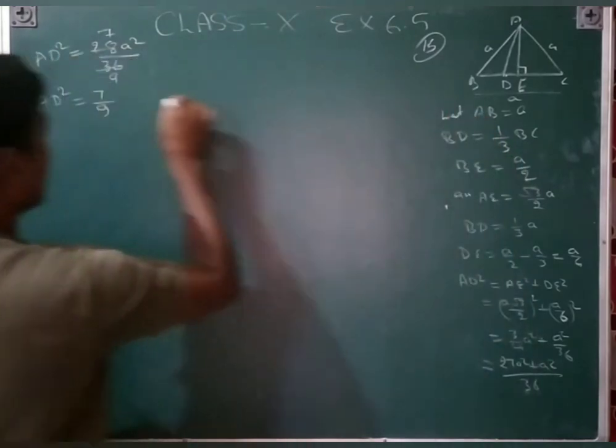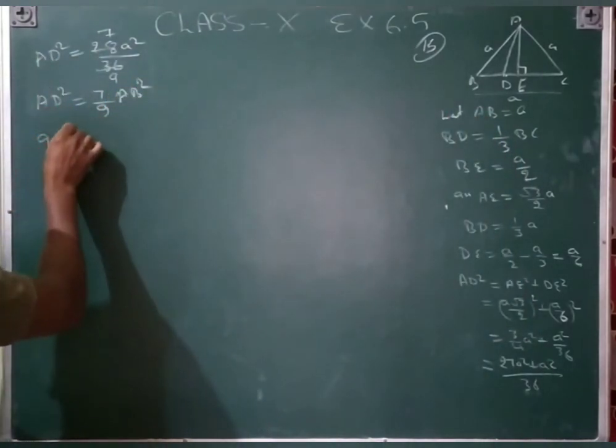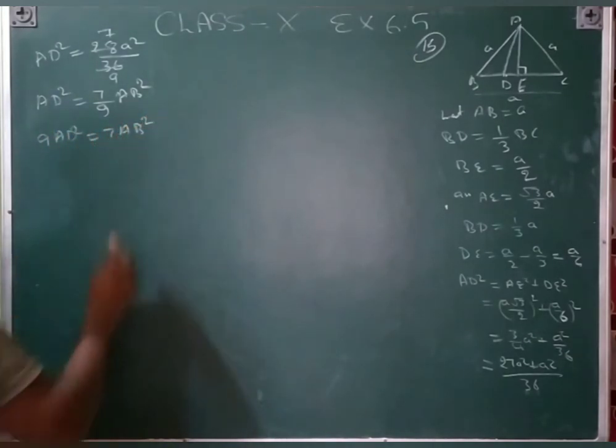A means we have here AB, so AB square. By cross multiplying, 9 AD square is equal to 7 AB square. That is proved.